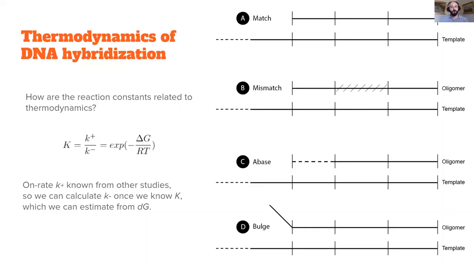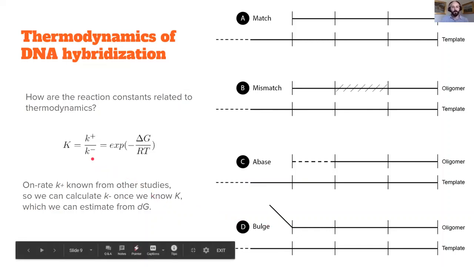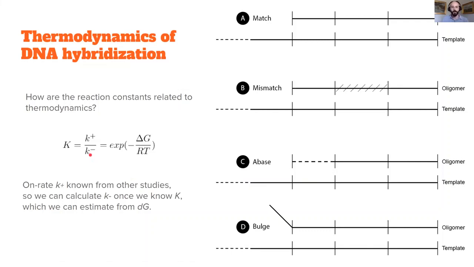So how does the off rate, or the reaction constant K minus, relate to the thermodynamics? We have found that the on rate is actually pretty constant throughout the composition, or if you change the composition of the nucleotide strand, the on rate is pretty constant.